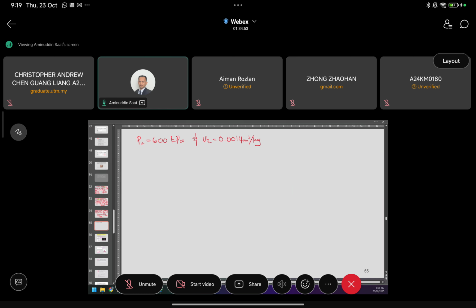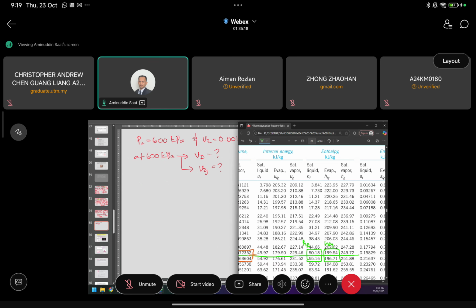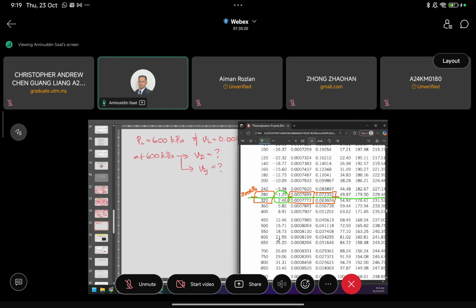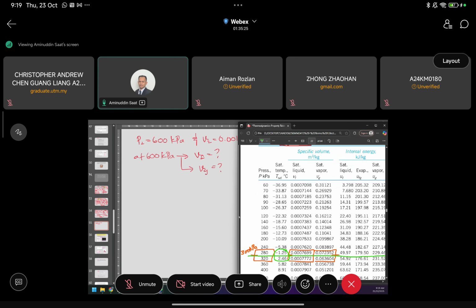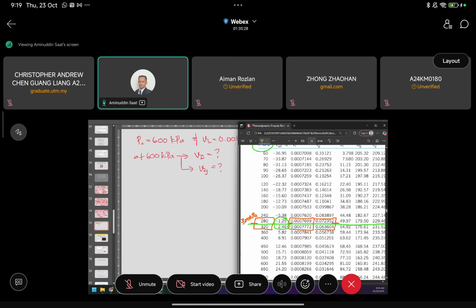So we check again, same. At 600 kilopascal, how to define the phase? You need to find the VF and the VG. Hopefully this time we don't need to do any interpolation. Okay, yes, there is none. I think we are using the same table, A12, for the pressure. So you find the 600 kilopascal.